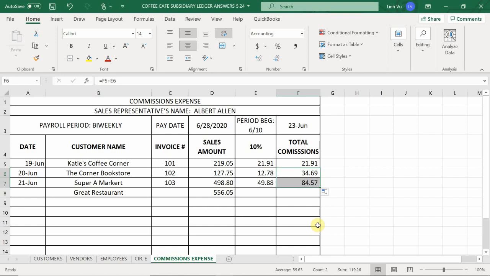So we just took the $34.69 and added $49.88 to get a total of $84.57. I'm creating a running balance instead of just doing a sum at the end, just so I know how much I owe him at all times. That's all I'm doing here.